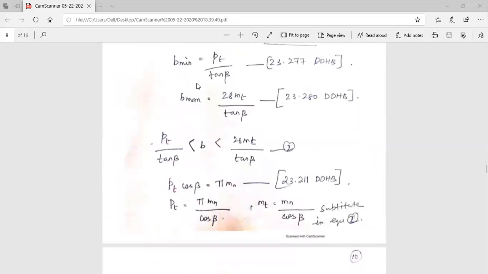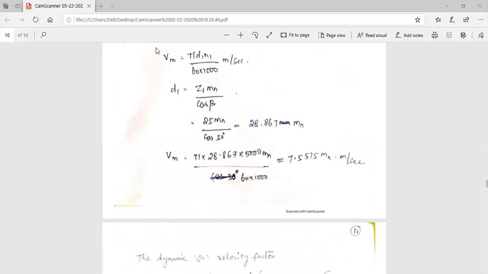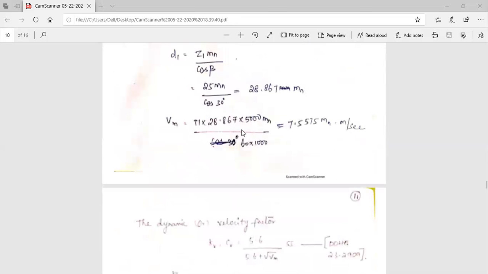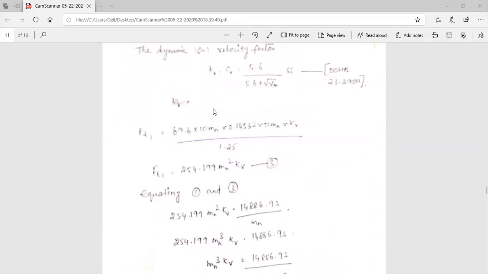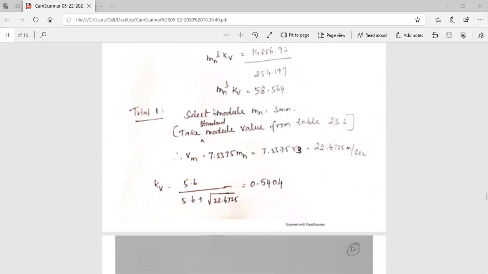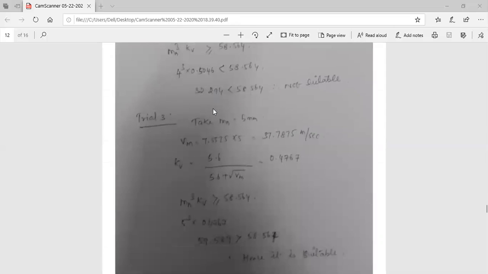So dimensions are based on the module only. All dimensions are based on the module only. Face width is equal to, in terms of mn we get. So substitute the mn value, get the diameter, you get the face width. All the data we found by using the module. So first step is over.